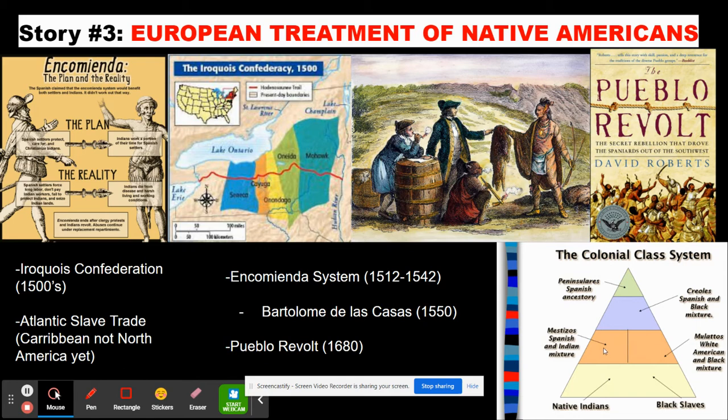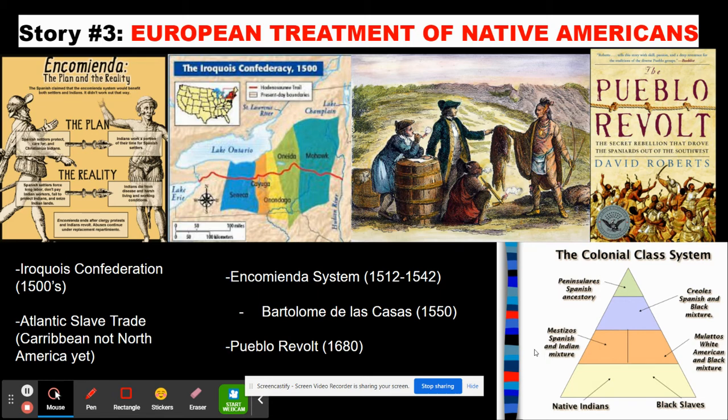So in addition to slavery, the Spanish were known for intermixing and intermarrying with the natives. So a mestizo is somebody who's of Spanish and native descent. A mulatto is somebody who is of Spanish and Black descent. And then, of course, you have the slaves here at the bottom.